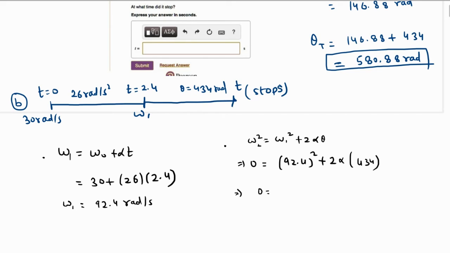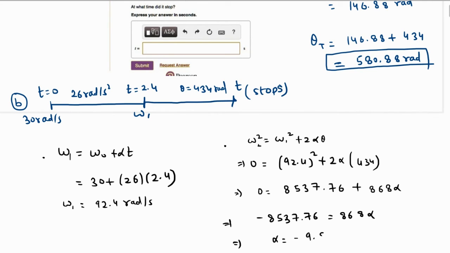So 0 is equal to 92.4 squared, that's 8537.76, plus this will become 868 alpha. If you rearrange, then minus 8537.76 is 868 alpha, and dividing both sides by 868, the value of alpha comes out as minus 9.84 radian per second squared.